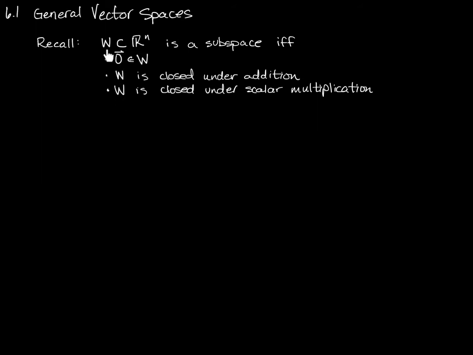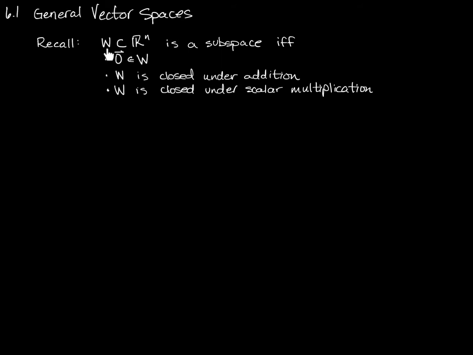Is one of the elements in this set the 0 vector? If we are trying to show that W is a subspace of Rn, then it has to be. The 0 vector has to be in this subset, which means it was in the space to begin with. If it's in W and W is a subset of Rn, then the 0 vector must have been in Rn to begin with.